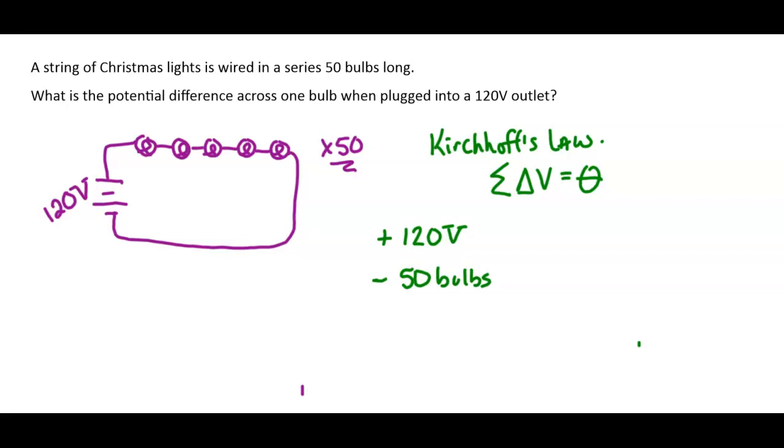And when I take that 120 and divide it out 50 times, that means that each bulb has to take out 2.4 volts, so that each one of those subtractions adds up to 120. Not really so hard.